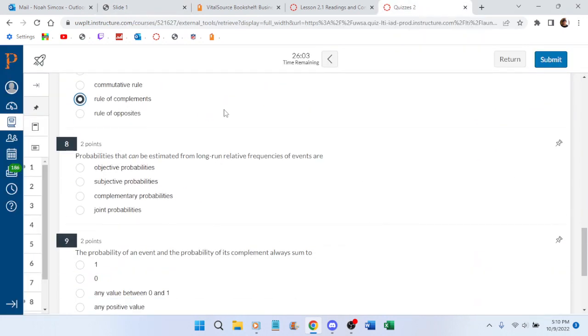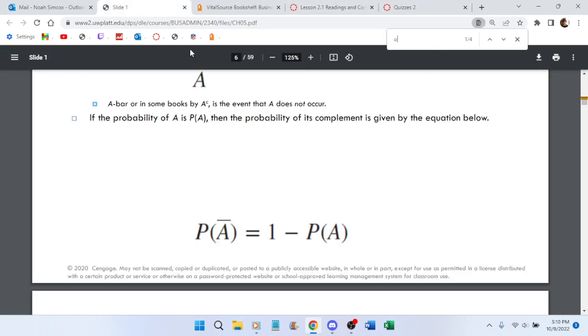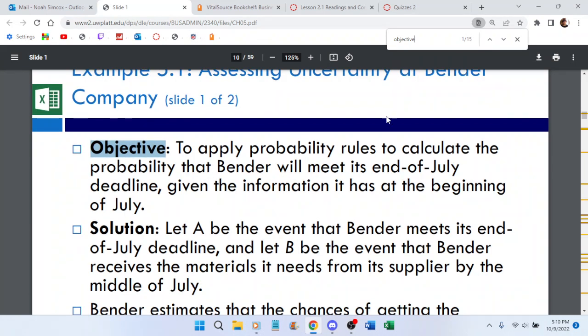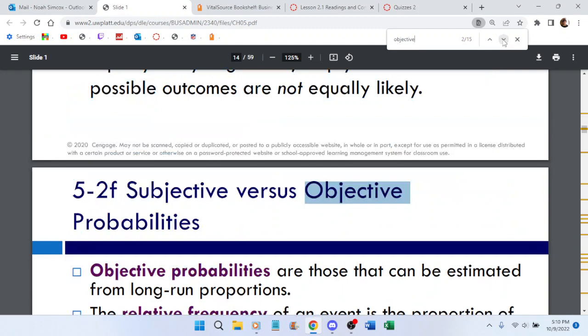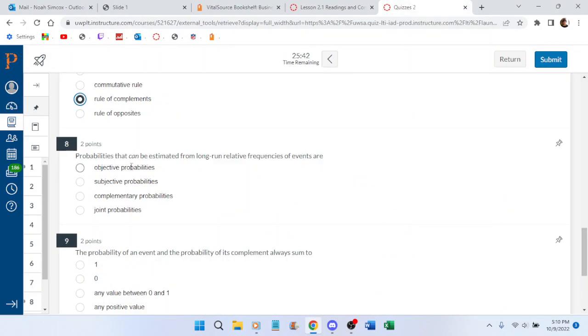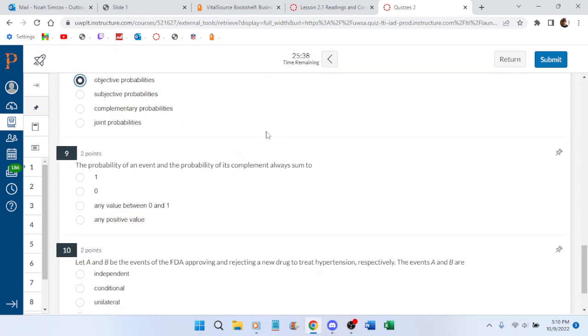Can be estimated from long-run relative frequencies. Objective. I believe it's objective. Oh, great. Estimated from long-run proportions. Objective. Probability of an event and the probability of its complement, they always sum to 1.